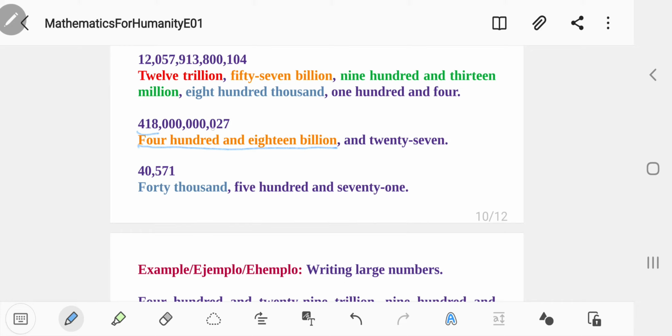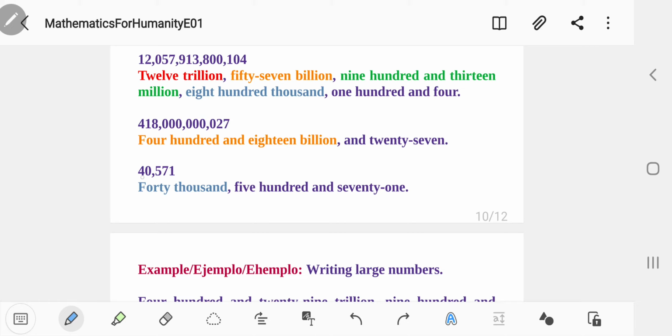You go automatically to the units place. So that's 418 billion, and now you have 27. So that's 418 billion and 27. Or you can also read this as 418 billion 27.